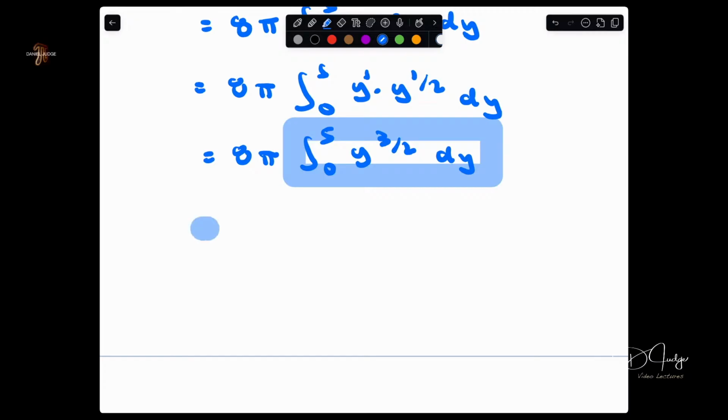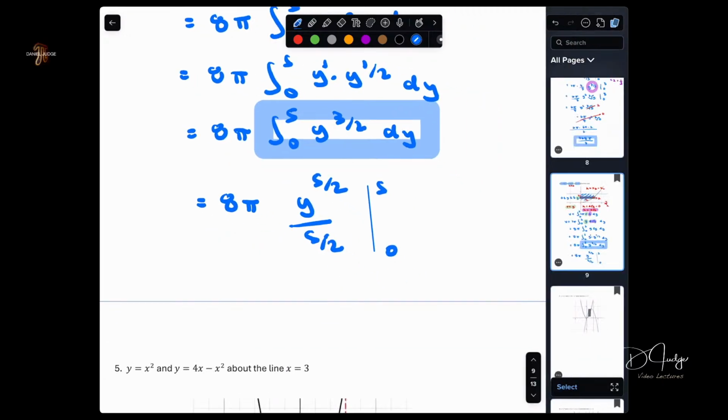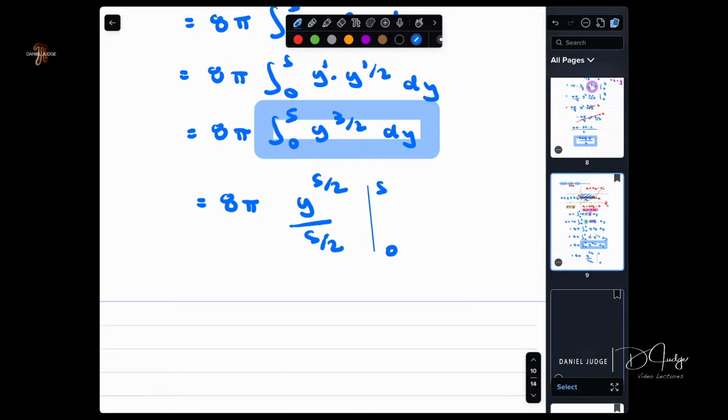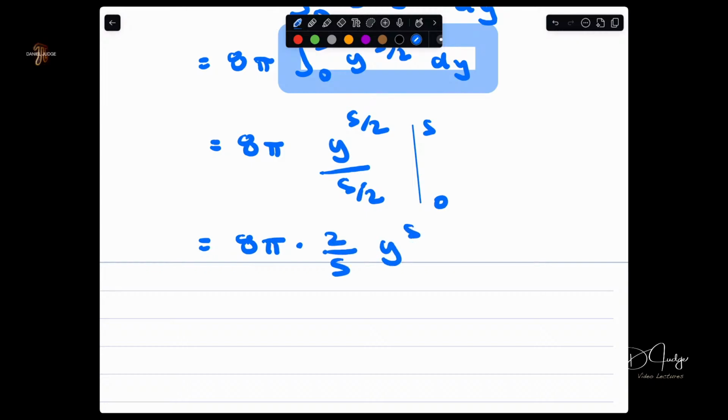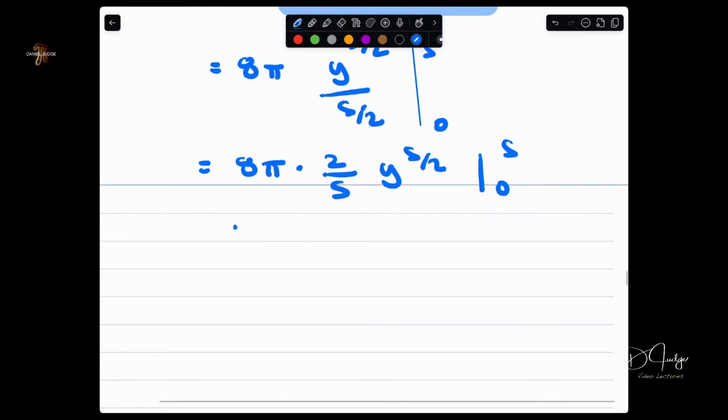All right, let's see what we get now. 8 pi, y to the 3/2 plus 1, that's 5/2. Let's go through this here. 8 pi times 2/5, y to the 5/2. I'm going to simplify that again.